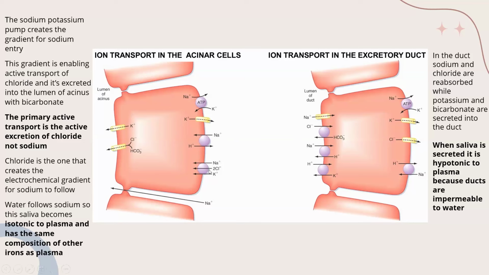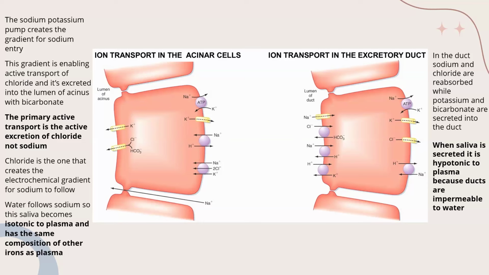So here, when chloride is absorbed into the cell, it goes out and is secreted with bicarbonate. When chloride leaves into the lumen of the acinus, Na follows. Why? Because the chloride is negative, and sodium is positive.